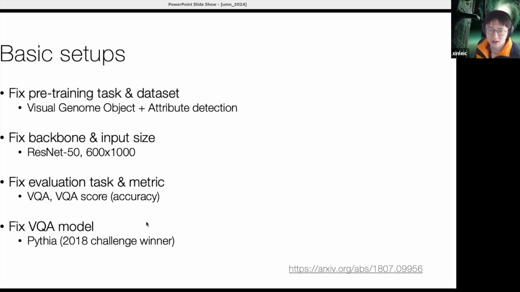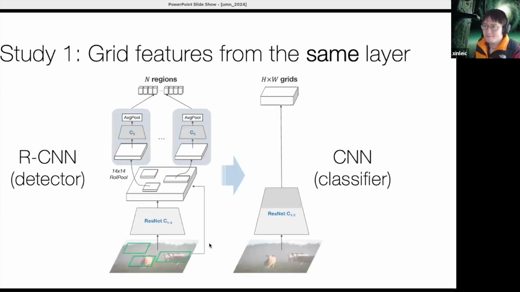We fix the overall VQA model because the VQA model consists of 3 components. So we just want to study the visual features. We keep other components fixed.